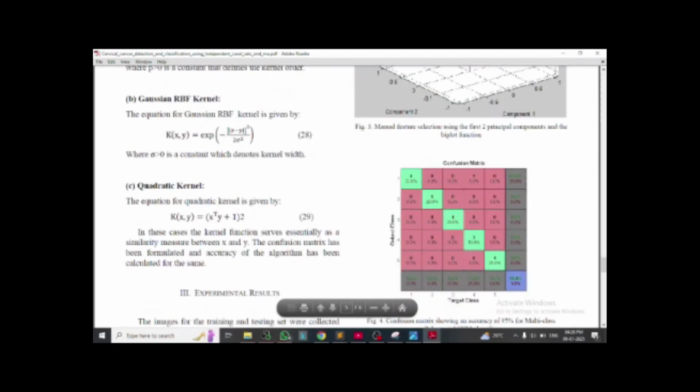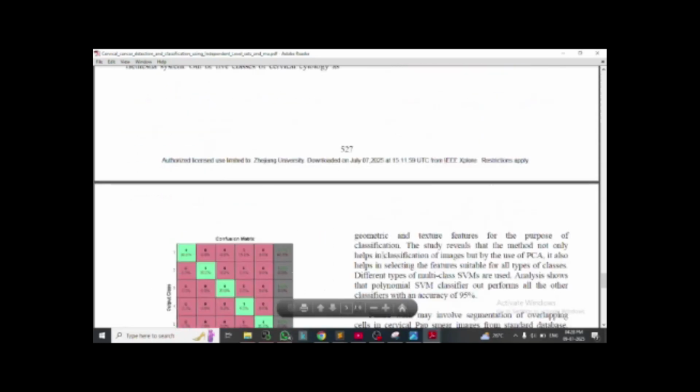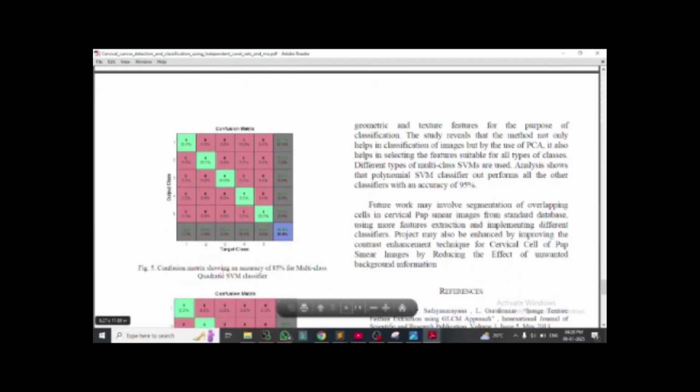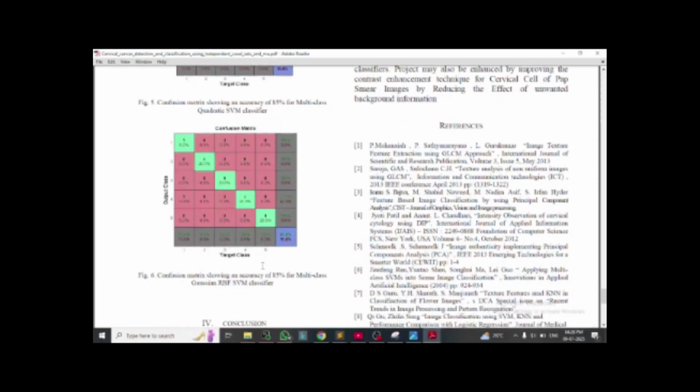And they got a confusion matrix like this for the target cell, and another one also showing an accuracy of 85% for the multi-class quadratic SVM classifier, and this one also a confusion matrix showing an accuracy of 85% for the multi-class Gaussian RBF SVM classifier.